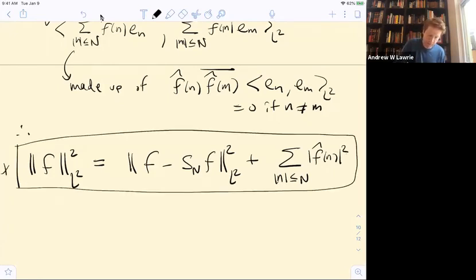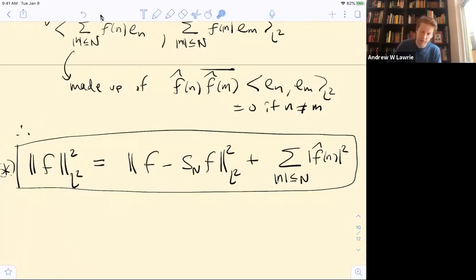Maybe I'll call this one star. And if I go back up to the main theorem, I note that once I prove the L2 convergence, once I prove that this goes to 0 by letting n go to infinity, then I recover Parseval's theorem.